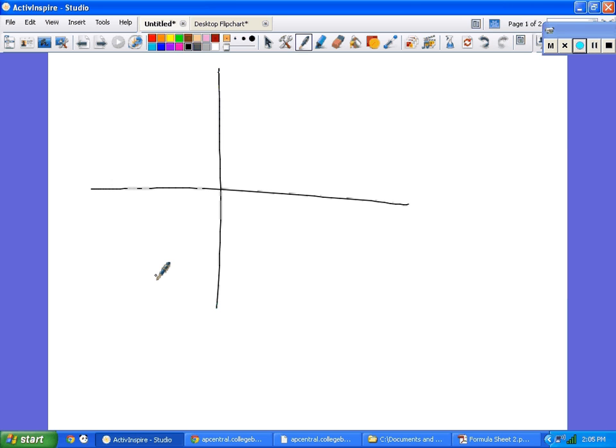Quadrant 1, top right. They're both positive here. So positive, positive. Negative, positive. Negative, negative. All right.